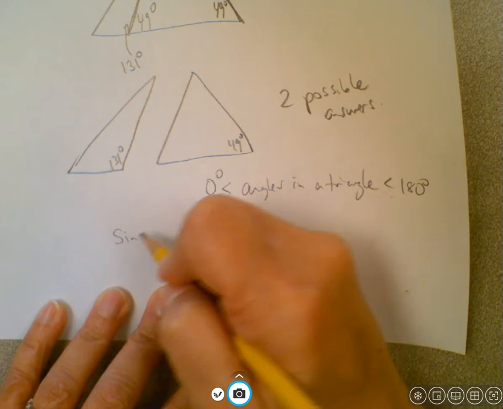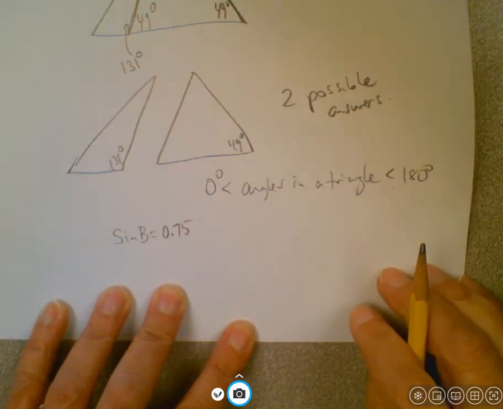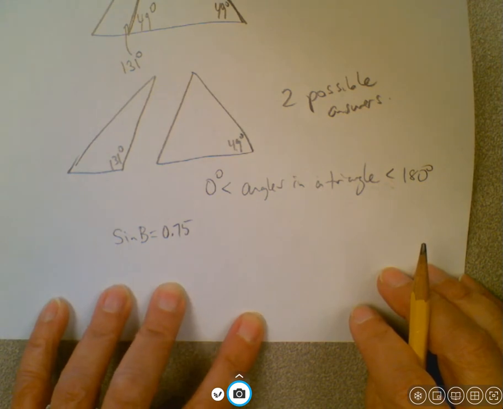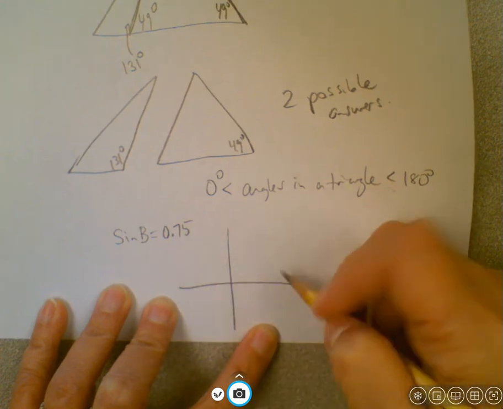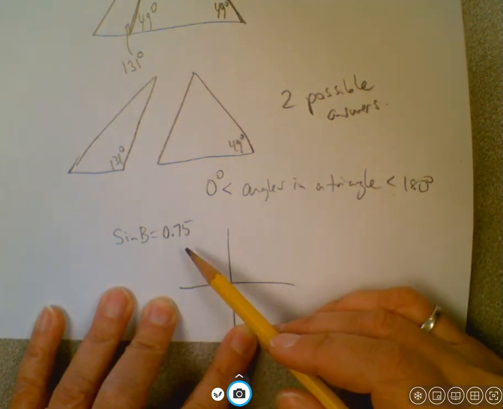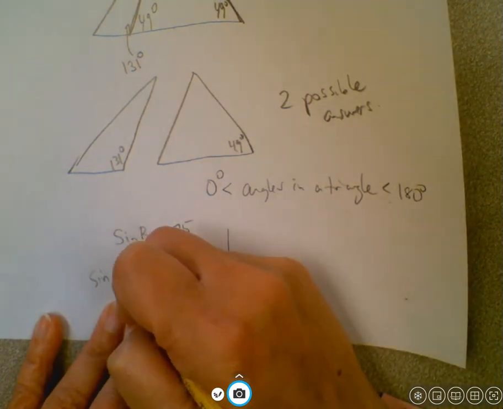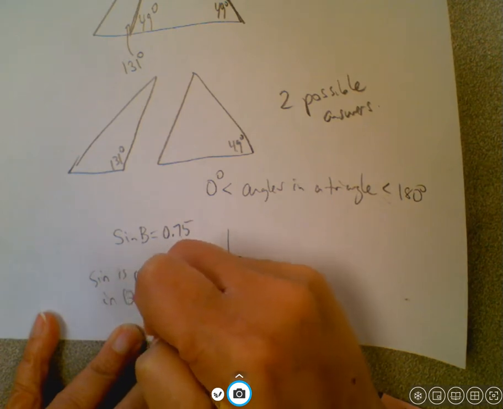So if I say to you sine B is 0.75, we know from this unit, from CAST, from angles around the circle, that there's going to be two quadrants where sine is positive, right? There's two quadrants. Sine is positive in Q1 and Q2.